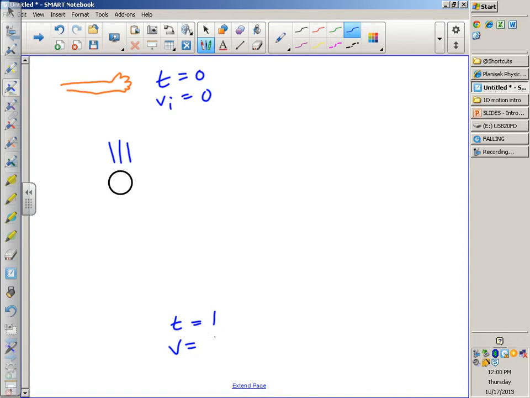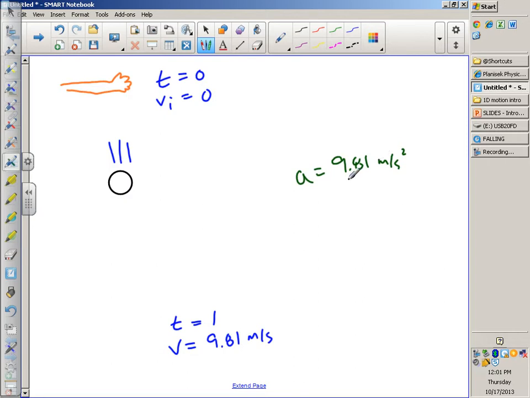Its velocity now is going to be 9.81 meters per second. Why? Because what did we say the acceleration of this object was? I said it was 9.81. We said that gravity on Earth causes an acceleration of 9.81 meters per second squared.